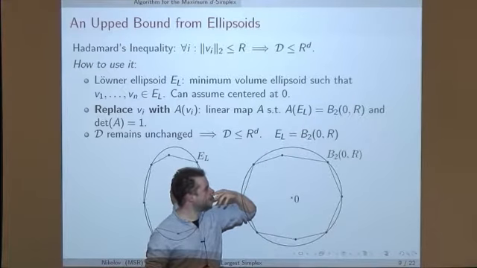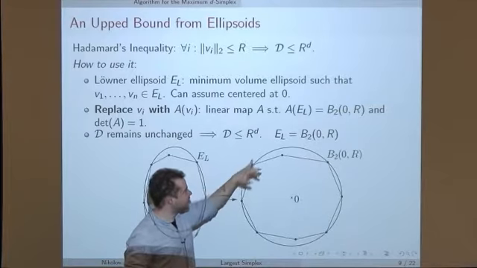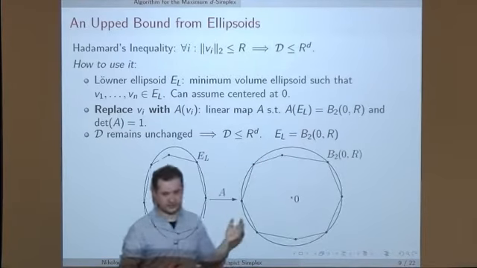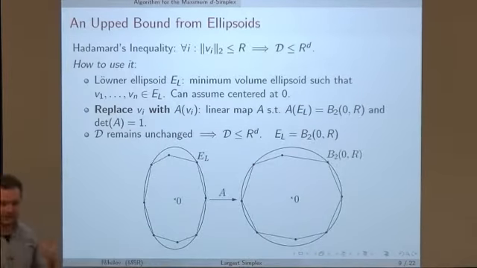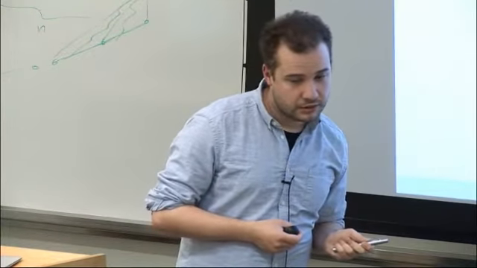And we can also do that with a linear map that actually has determinant equal to 1, so it doesn't change volume. So you mean the original volume is also 1? The volumes of the spheres should be the same.